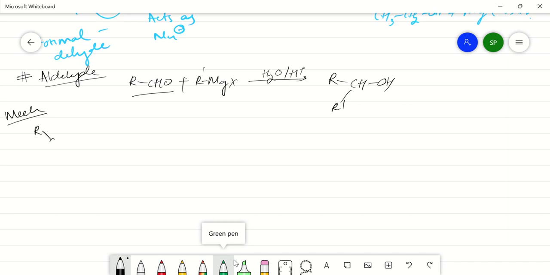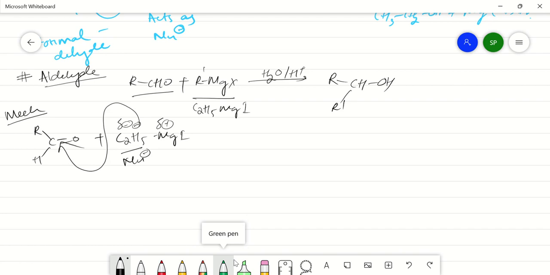Let us consider this aldehyde RCHO. Let us react it with R'MgX, or we can simply write, let us consider that this is C2H5MgI. So this part will be partially positive, this part will be partially negative. So this will act as nucleophile. This negative part will be attached to the carbonyl carbon.